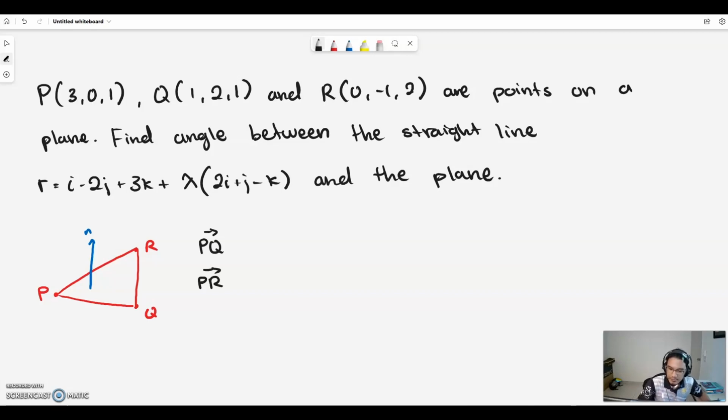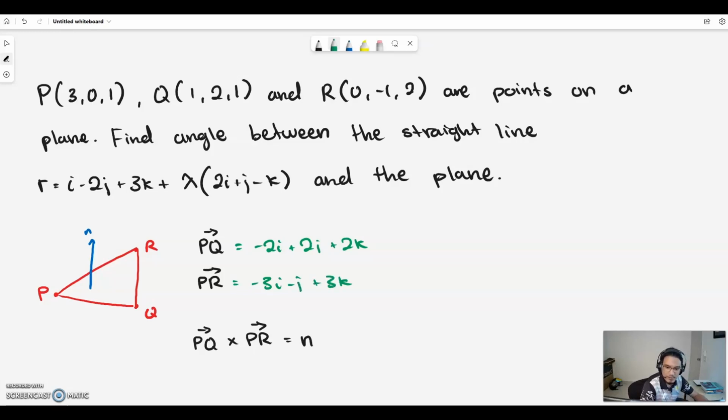Then we do PQ cross PR, and we will obtain the vector N. The vector PQ will be equal to negative 2i plus 2j plus 2k. You can find this from the given coordinates of P and Q. Then PR will be negative 3i minus j plus 3k.